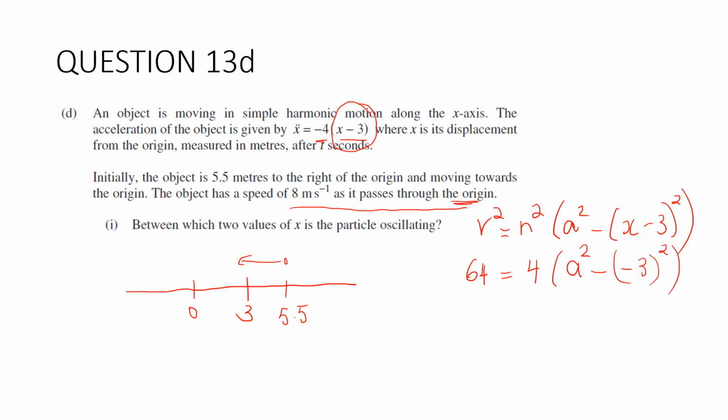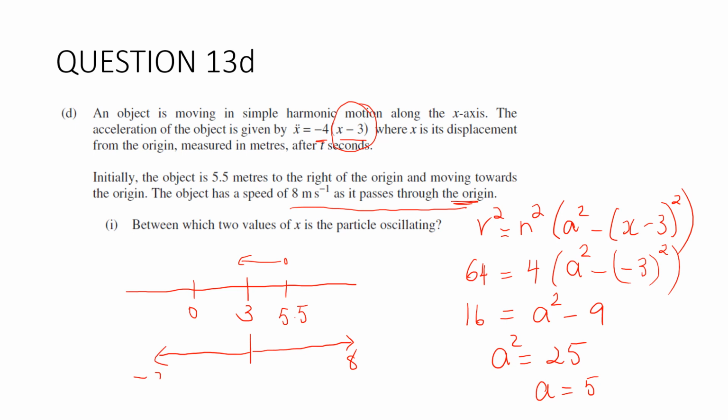And 64 divided by 4 is 16, which is equal to a² − 9. a² is equal to 25, and the amplitude is a positive number, so a is equal to 5, which means from the center, it's going to come all the way out to 8 and all the way down to −2. And they're the two values that the particle is oscillating between.